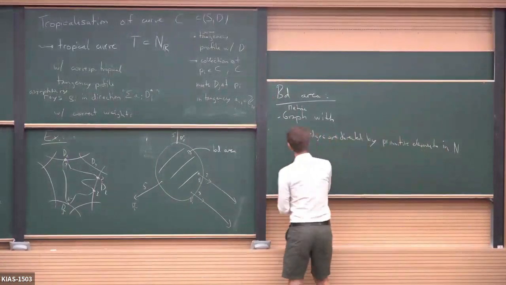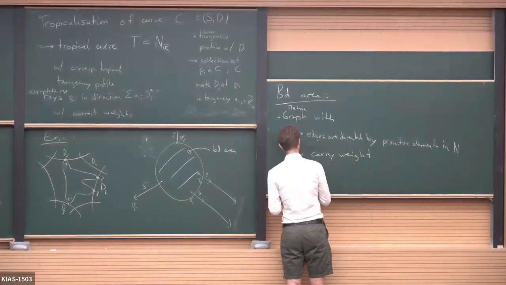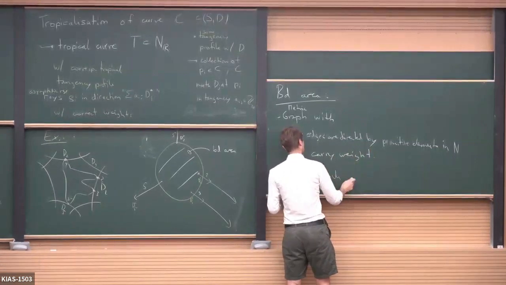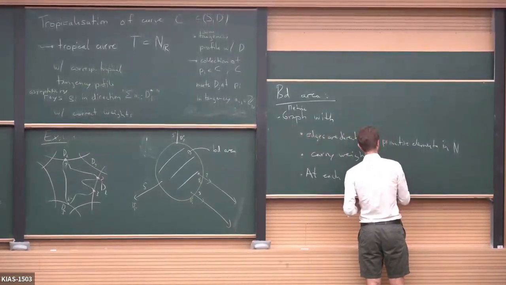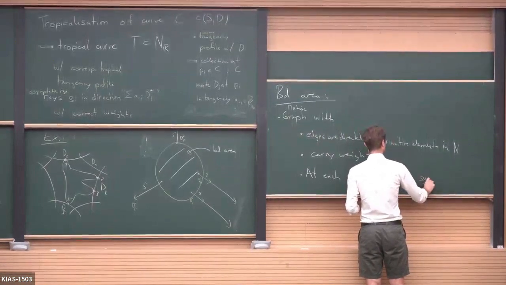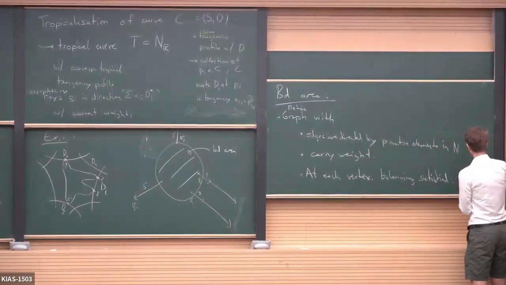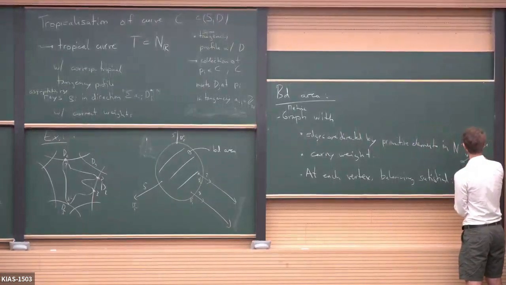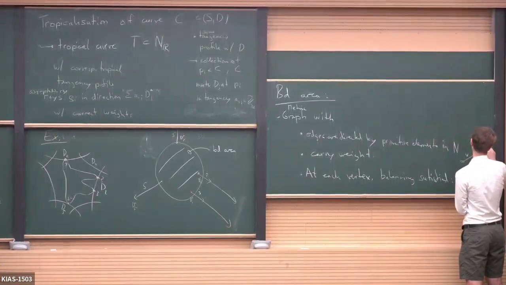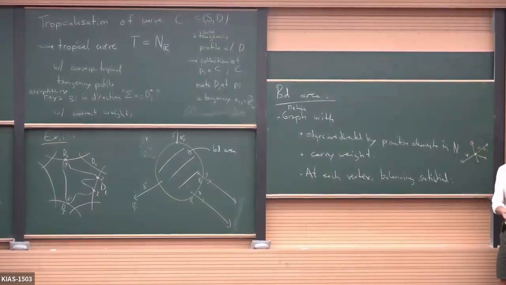They carry some weights, and at each vertex, the balancing condition is satisfied. Which is that if you have a vertex V and you have a bunch of primitive generators, Ui, which carry a weight Wi, then the sum of the Wi Ui should be equal to 0.